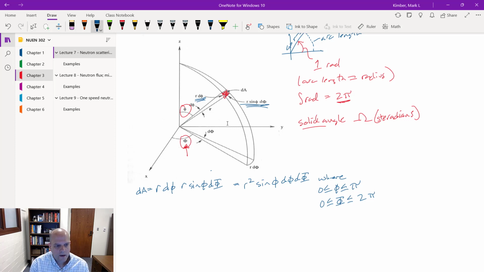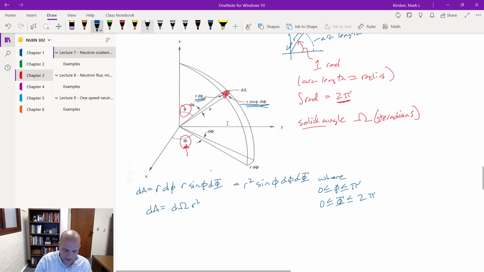And the way that we quantify this steradian is that we say that dA also equals d omega times r squared.